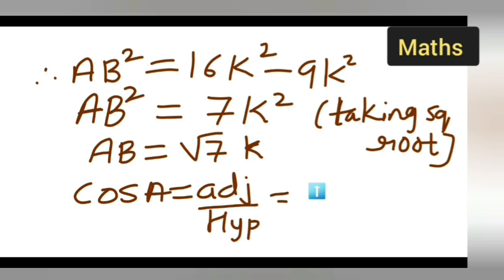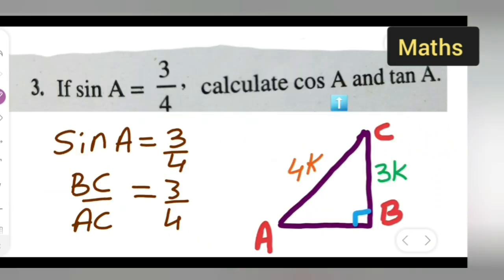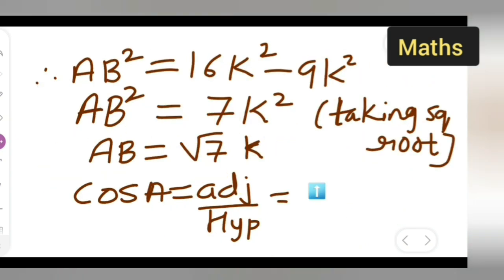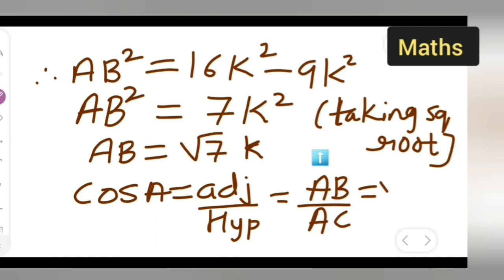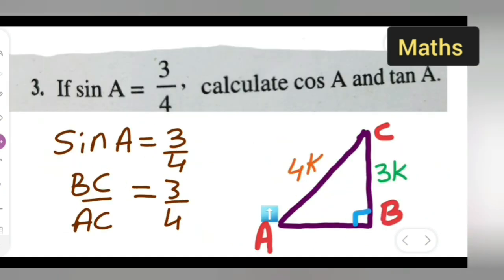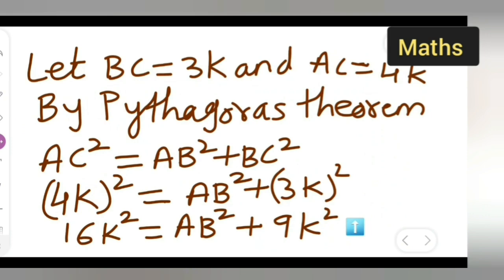The adjacent side of A is nothing but AB, so AB upon AC, the hypotenuse. AB is root 7K, which we got, upon AC, which is 4K.